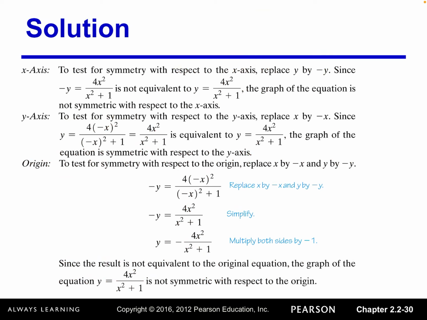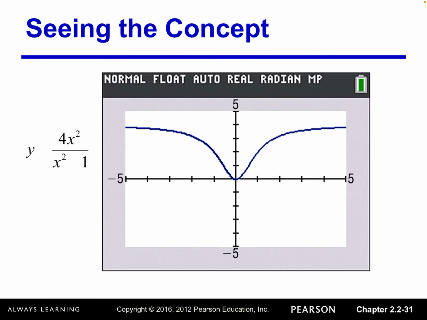The book gives a very detailed explanation, the same as I just showed you. This is the same equation we had earlier, and if we use a graphing calculator to plot this equation, we can verify our solution.